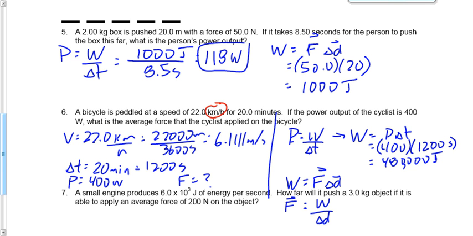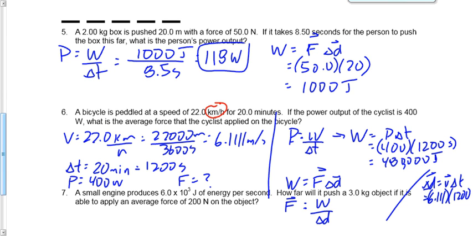Good. So you found the displacement off to the side by saying D is equal to V times T. That's our group A equation, the first equation that we learned on the very first day of physics 20: V is equal to D over T. So we got 6.1111 times a time of 1,200 seconds.